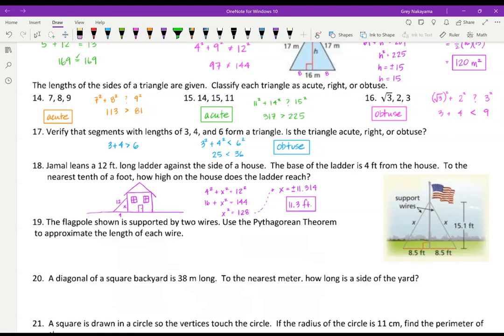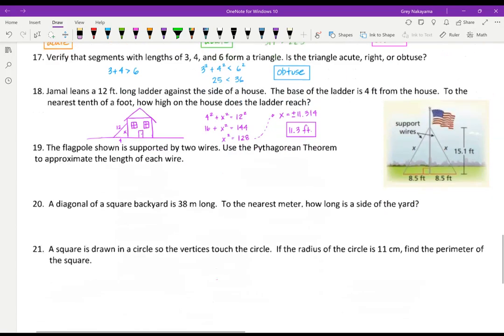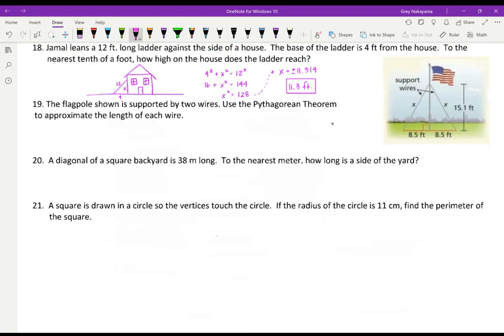All right, number 19. The flagpole shown is supported by 2 wires. Use the Pythagorean theorem to approximate the length of each wire. So I have my right triangle. x is my hypotenuse. Here's my height right here. Here's the other side. So that's going to give me 8.5 squared plus 15.1 squared equals x squared.